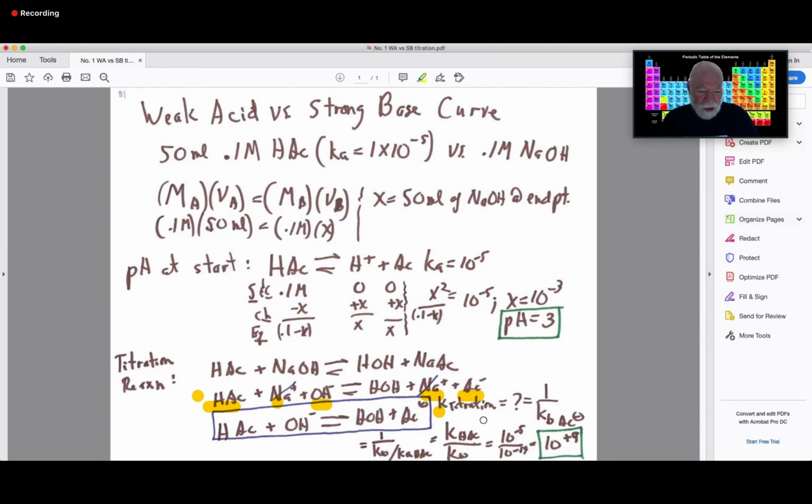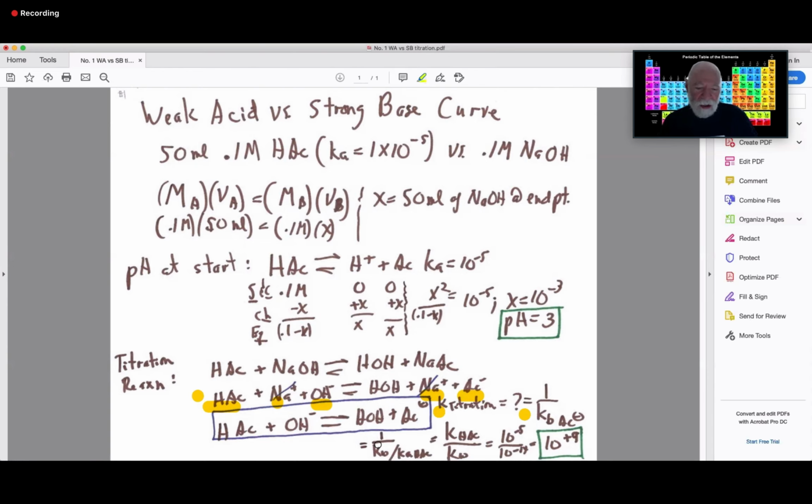You're putting acetate into water, and you get hydroxide. So the name of that reaction would be a Kb of acetate. Now, it's the reverse reaction, so therefore we write it as 1 over Kb of acetate. So the forward reaction would be 1 over the reverse. Now, look at the line below. So it's going to be 1 over. Now, notice Berg did not give you the Kb of acetate, and you won't find that in a table.